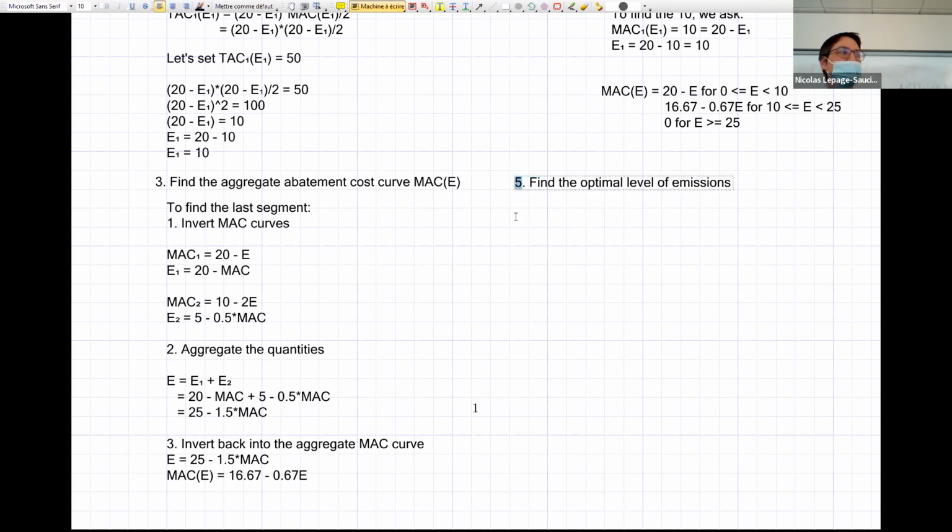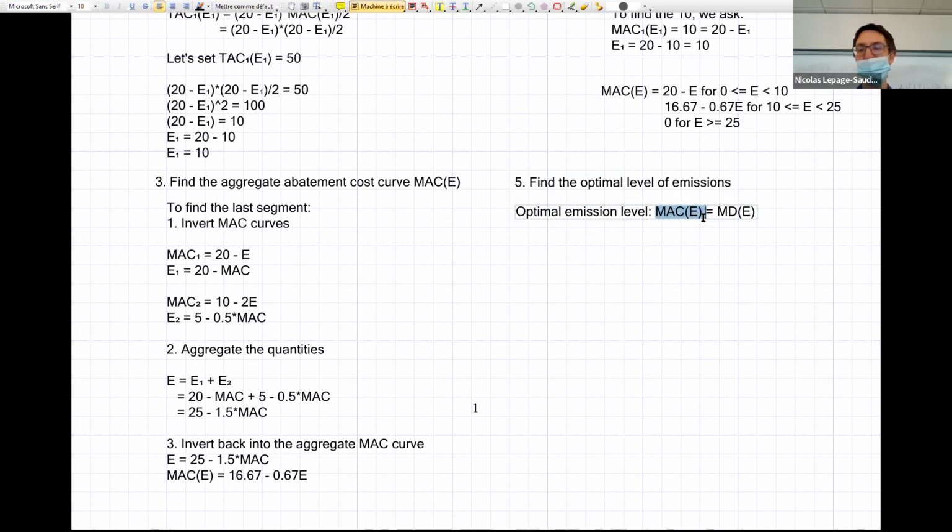Yes, maybe you didn't find it, but what should I try to do? Yes, good, the optimal emission. But what's the problem there?